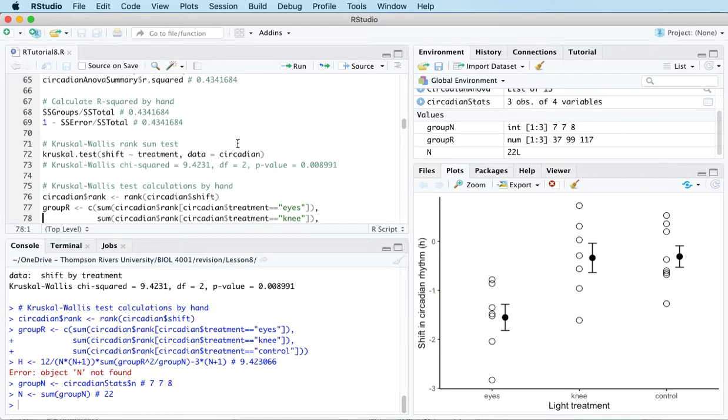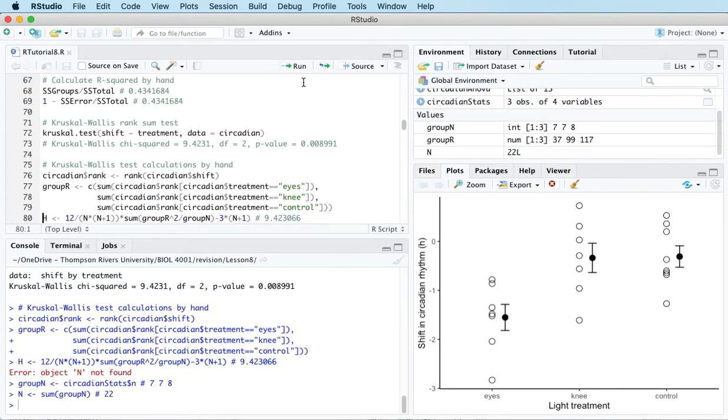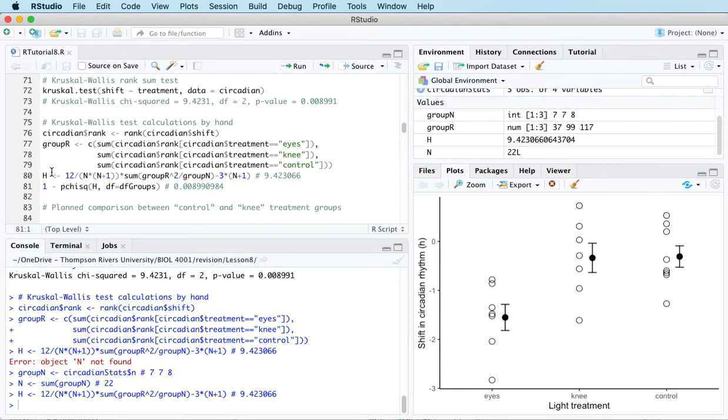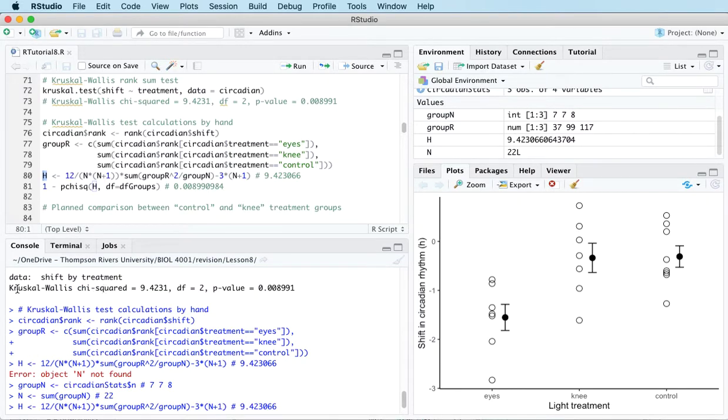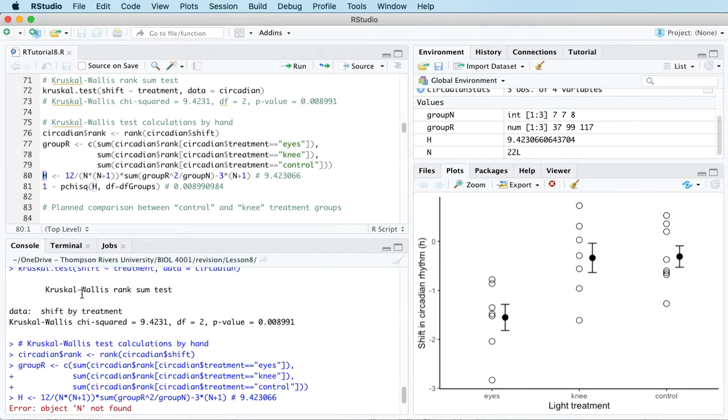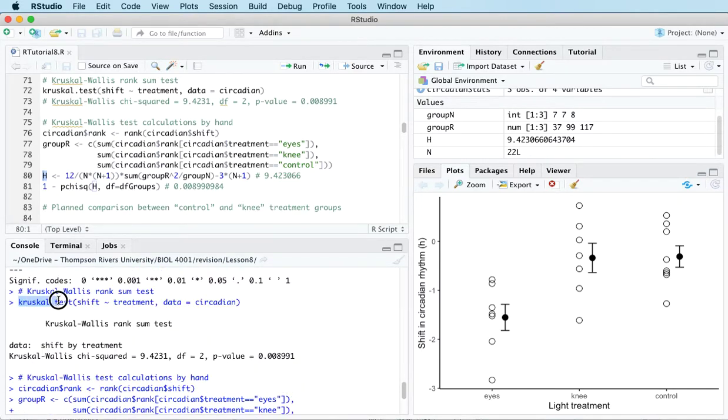There we go. So if you're interested in where that test statistic comes from, this is how to get it by hand, but it's much easier in practice to simply use this kruskal.test function, and then there's the test statistic right there.